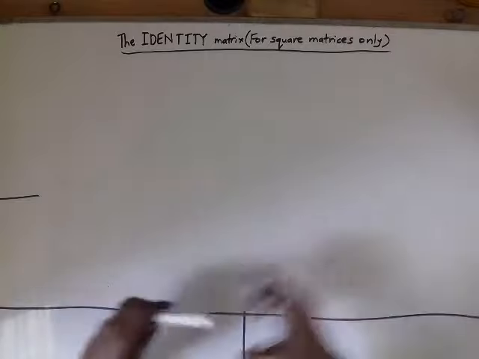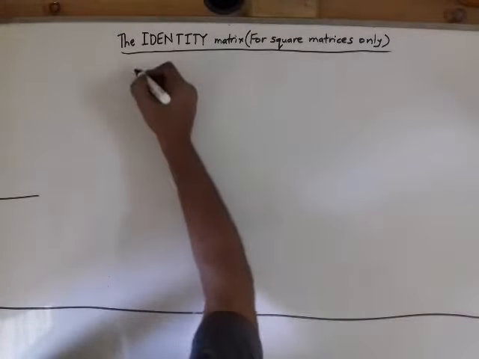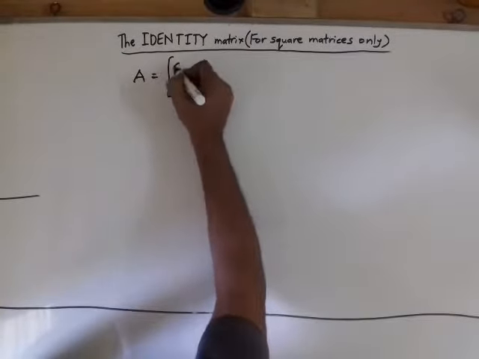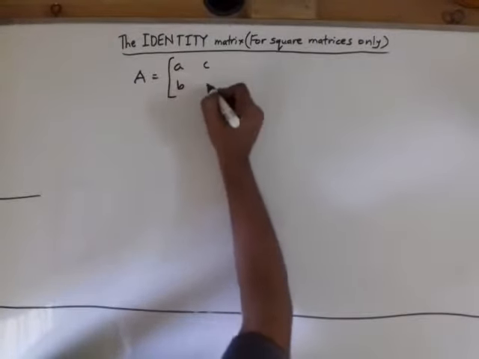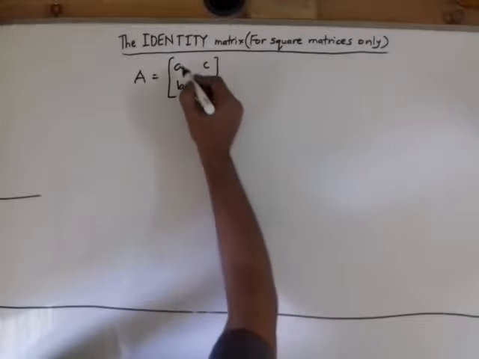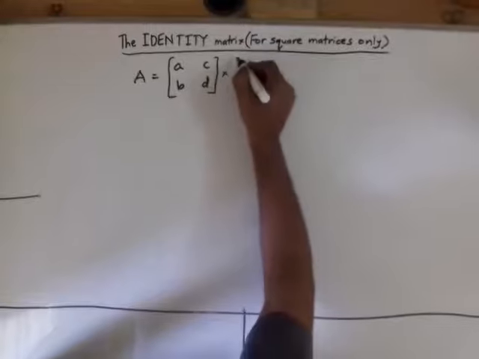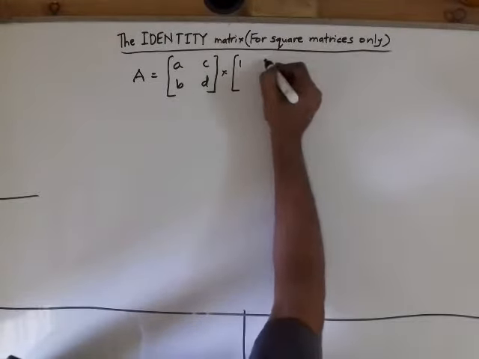Instead of taking a specific matrix, I am going to take A to be A, B, C, D. These are real numbers, and I am going to multiply it by the identity matrix.